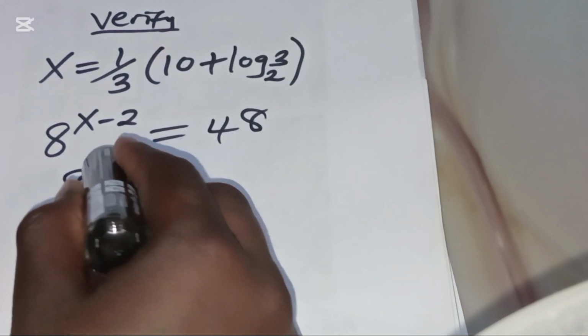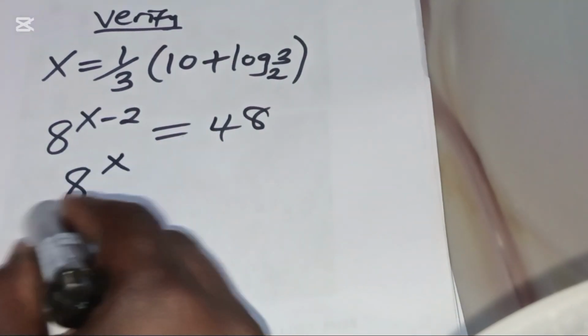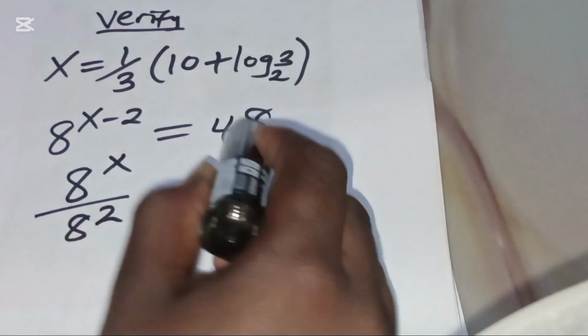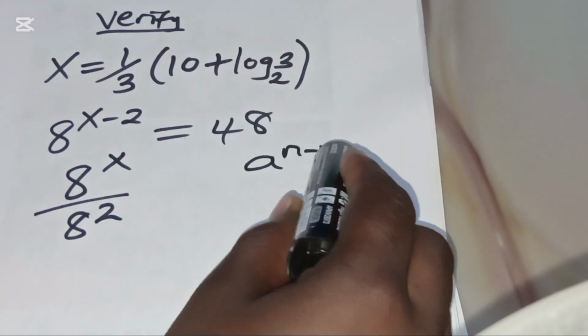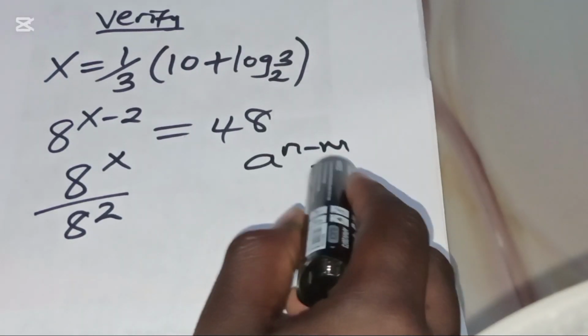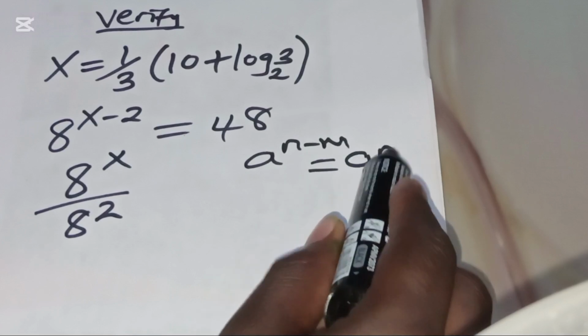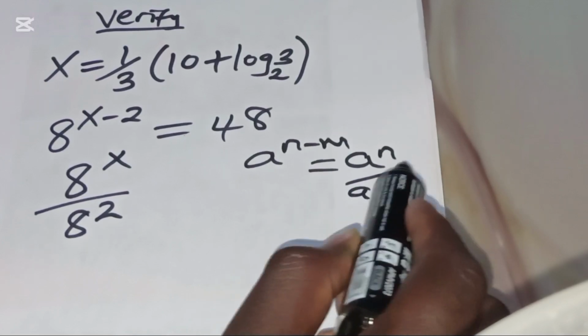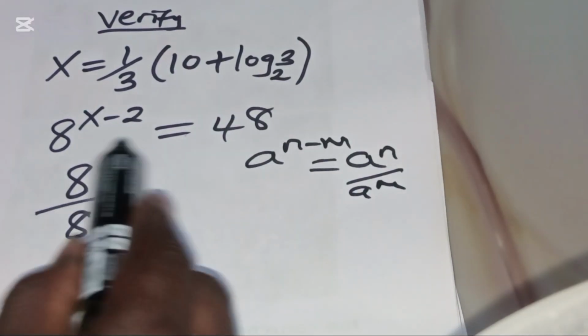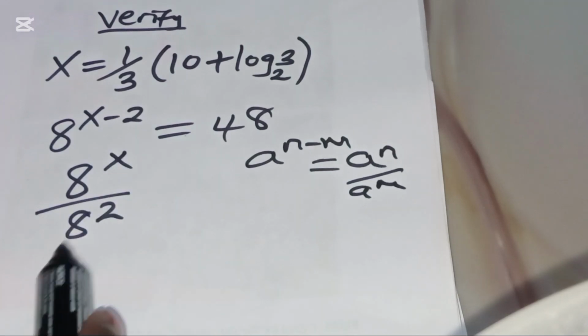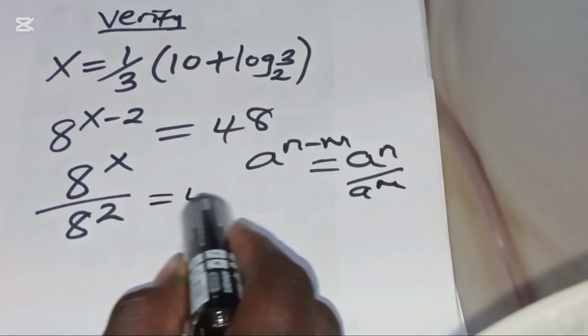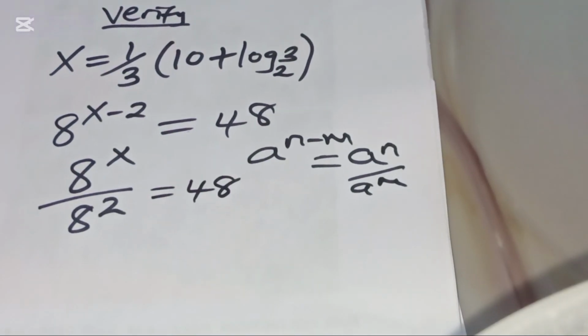We're simplifying 8 to the power x subtract 2 as 8 to the power x divided by 8 to the power 2, applying the identity that a to the power n minus m is the same thing as a to the power n divided by a to the power m. Applying these indices identities, that's why we have 8 to the power x divided by 8 to the power 2, which is essentially supposed to give us a value of 48.